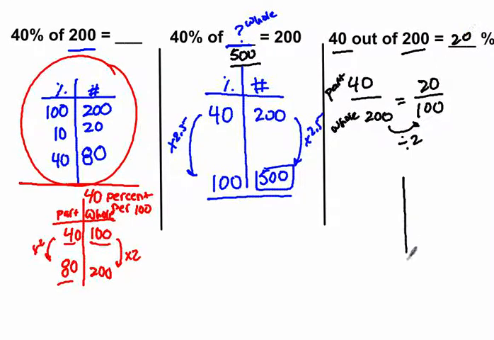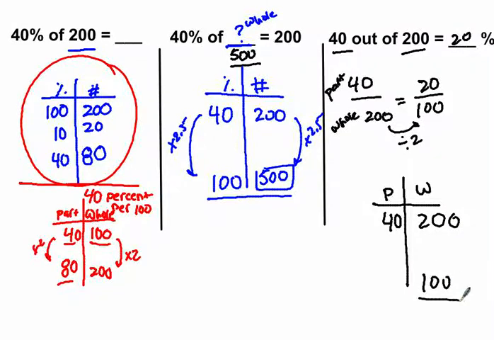If you're doing this sort of problem in a table, you can set it up as just a part or a whole. And the part is 40, the whole is 200. And to be a percent, we need this whole to be 100. And so that's how we get from 20 out of 100, or 20%. So you'll see these types of problems quite frequently.